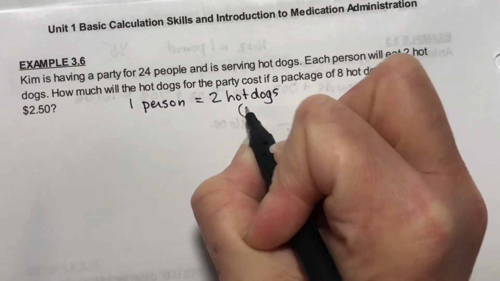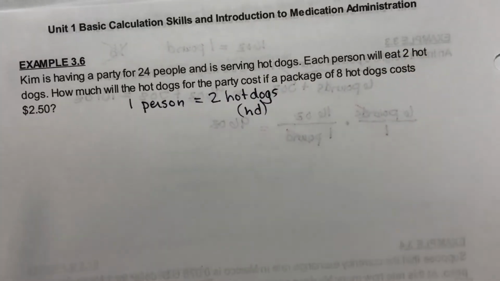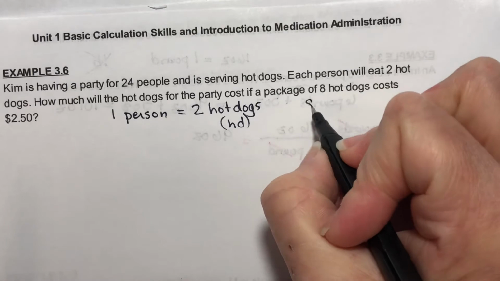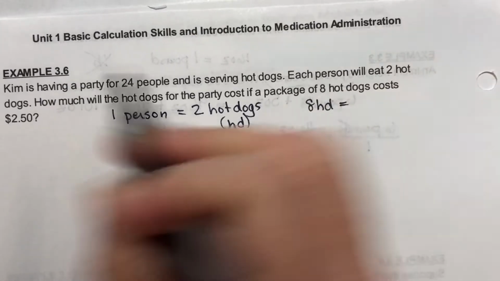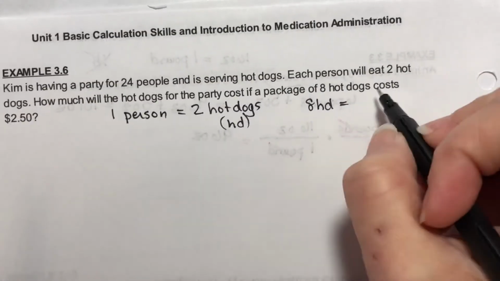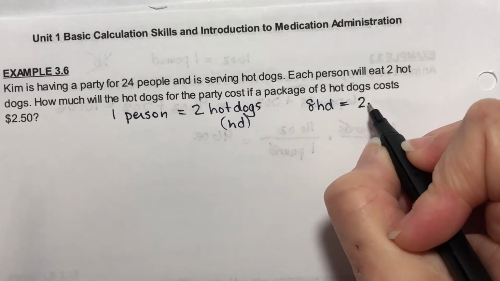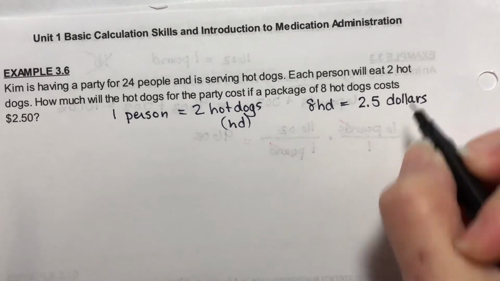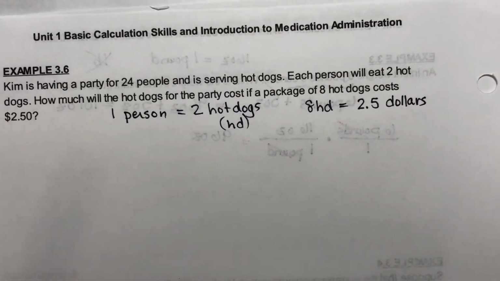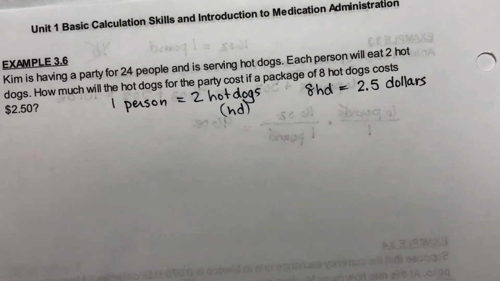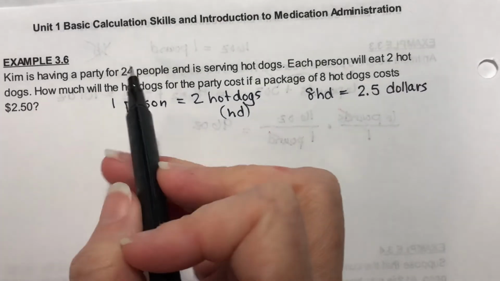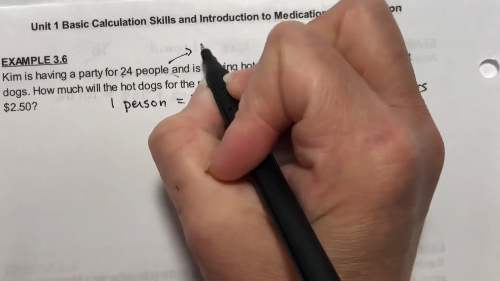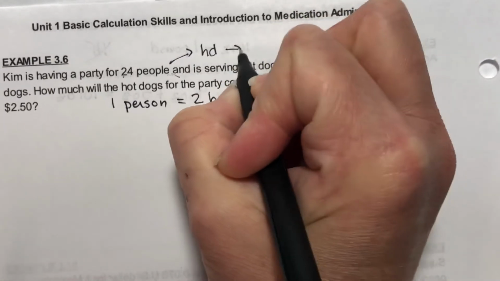I'm going to call hot dogs HD, just so I don't have to write the whole thing out every time. And then 8 hot dogs is equal to $2.50. I'm going to write out dollars, just because it's easier to remember to cancel things out if you don't use the dollar sign. So basically, I'm trying to convert people into money, and I have to go people to hot dogs, and then hot dogs to money.